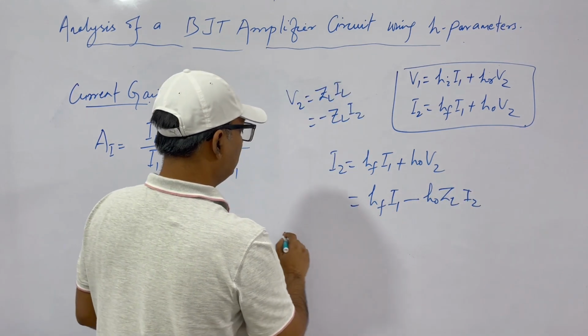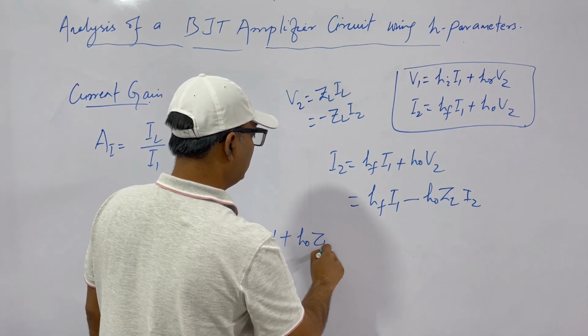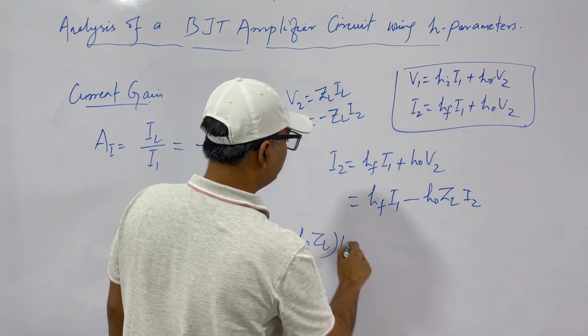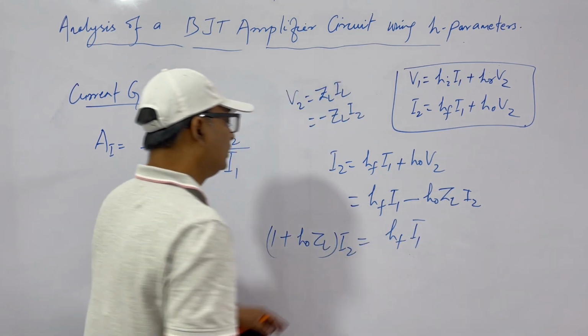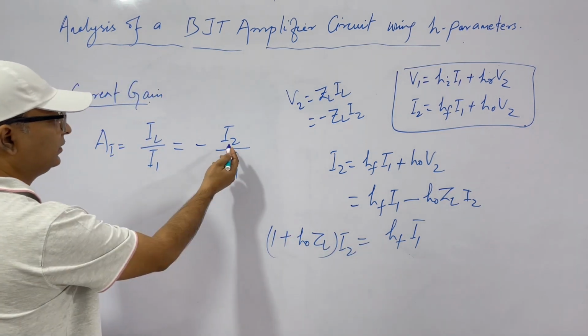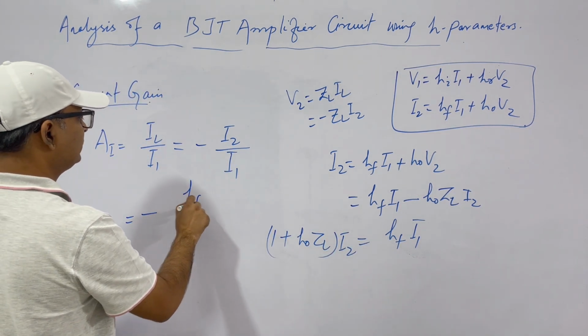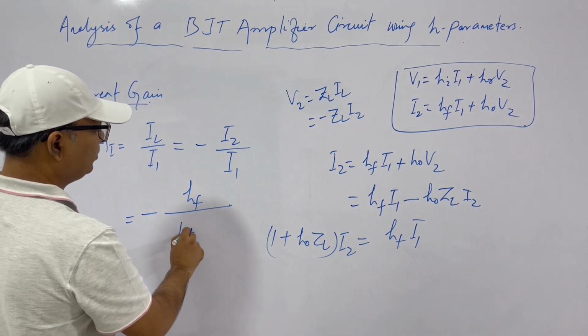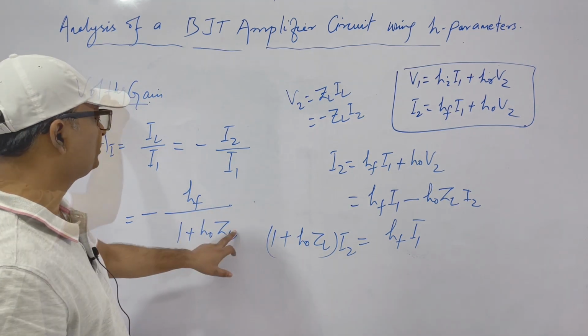Now we can put this on one side, that is 1 plus HO ZL, I2 is equal to HF I1. So I2 by I1 we get from here. Therefore AI is minus HF by 1 plus HO ZL. Clear?